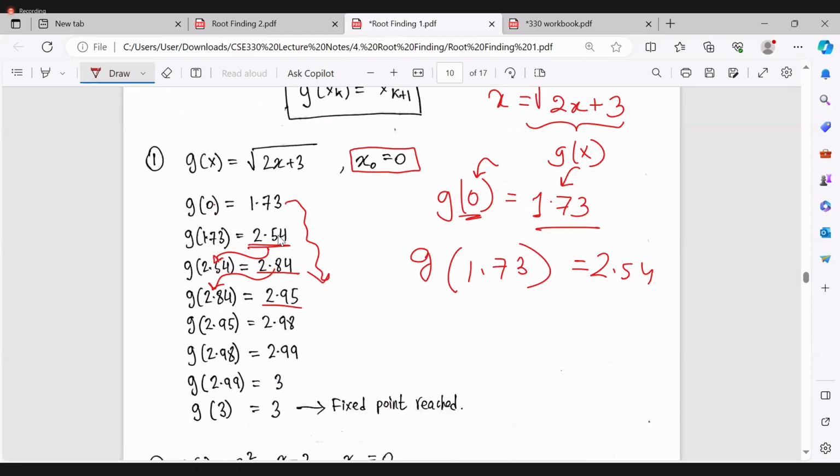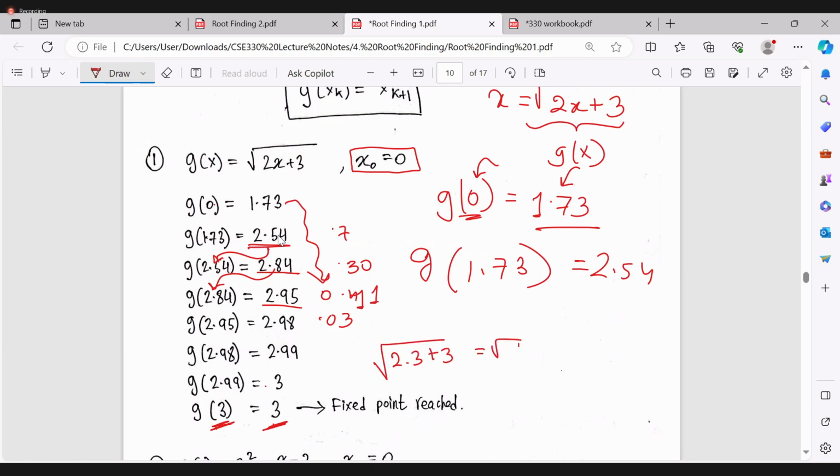Like, here the difference is just 0.11, here 0.30, here roughly 0.7. So the difference is coming closer. And it gets really closer when you place 2.95, you get 2.98, and it goes on and on. And lastly, when you place 3, you get 3.